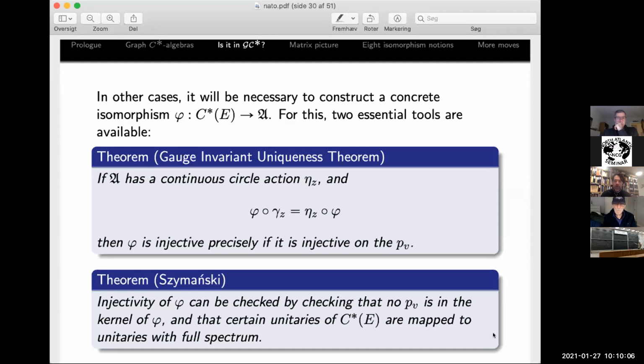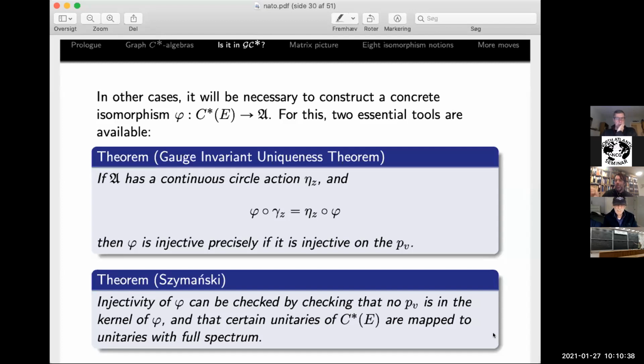But when you want the map to be injective, you have some very powerful tools that go back to the Cuntz-Krieger paper. There are two variants of this. There's the general gauge invariant uniqueness theorem. Suppose that your C-star algebra comes with some circle action, which it sort of has to if it's going to be isomorphic to a graph algebra, because they all do.